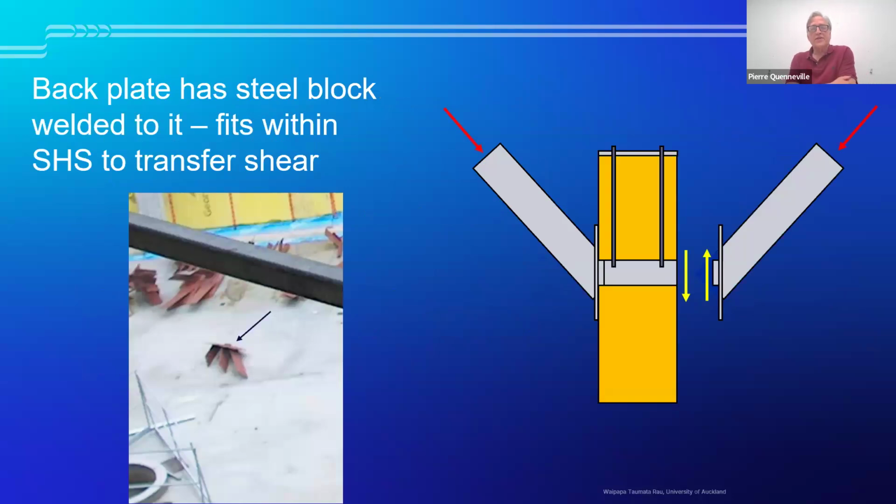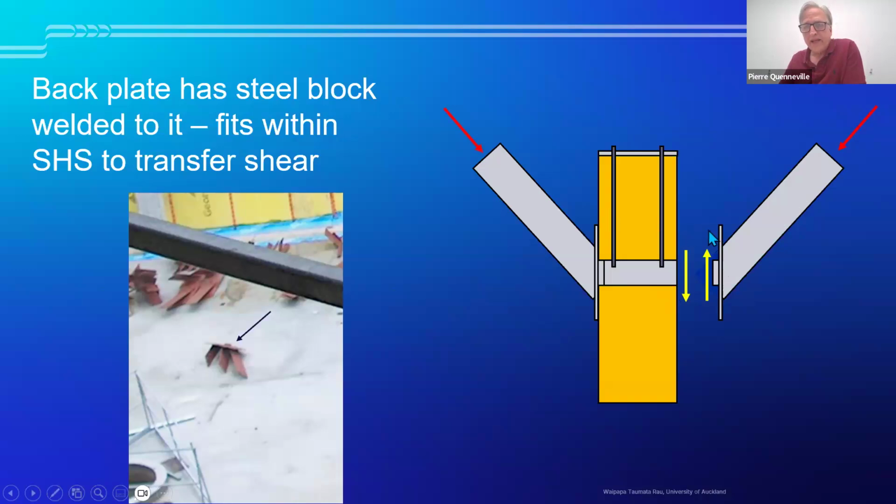So, cross section of the curved glulam beam. We see here on the right the weldments with the plates connected to the branches.